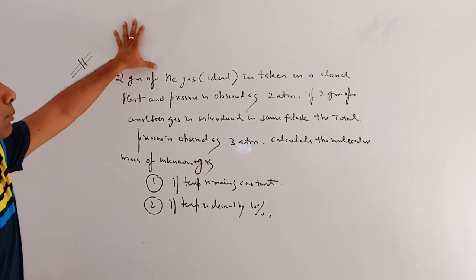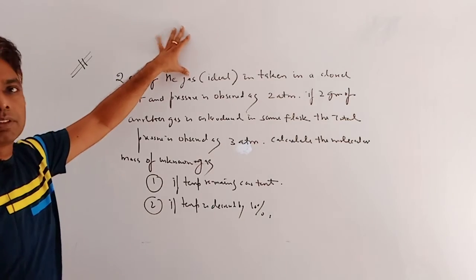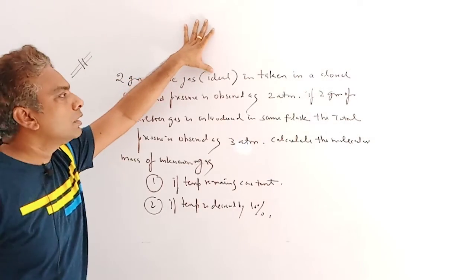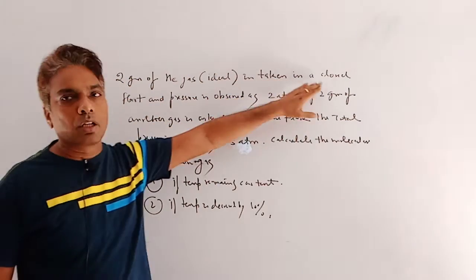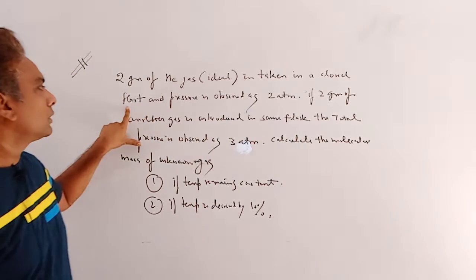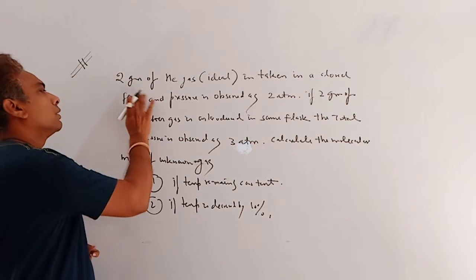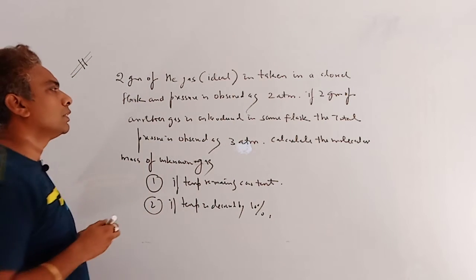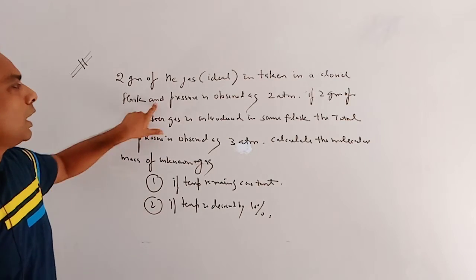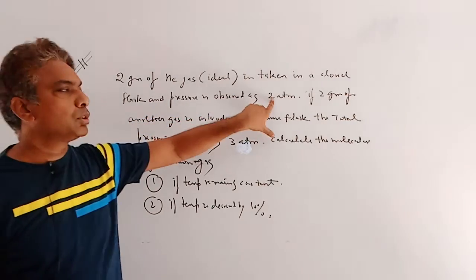Suppose 2 gram of helium gas, which is assumed as ideal, is taken in a closed flask, clear, and pressure is observed as 2 atmosphere.